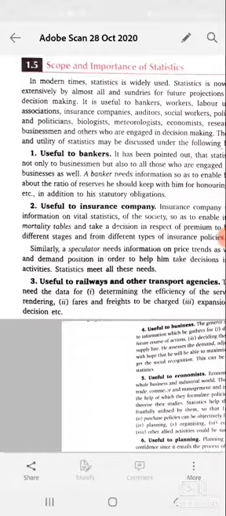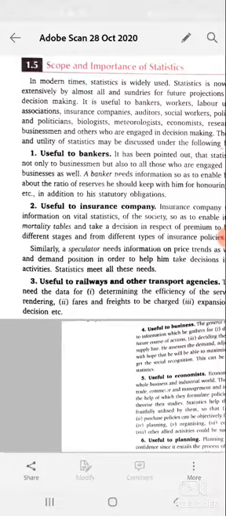Second, it is useful for insurance companies. Now you might have seen two types of insurance: general insurance and life insurance. Both types of insurance companies depend upon the premium paid by the customer. This premium is also determined with the help of statistics. It means more incidents or accidents mean more premium.